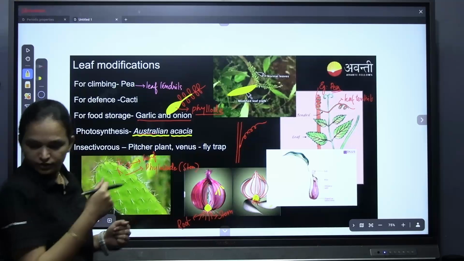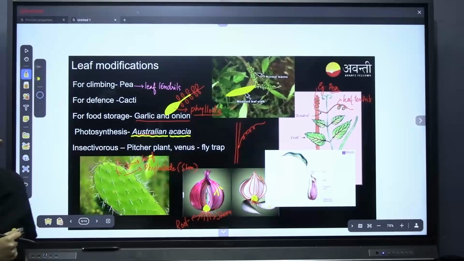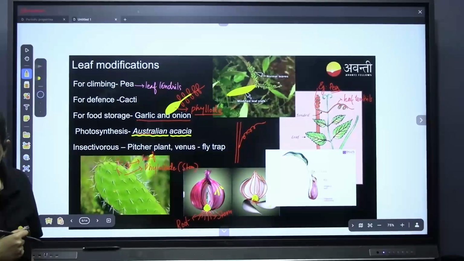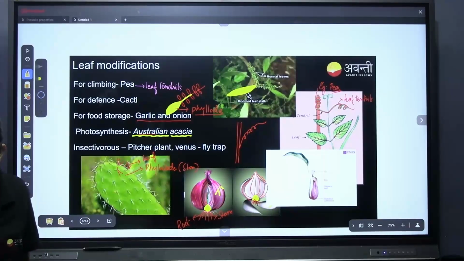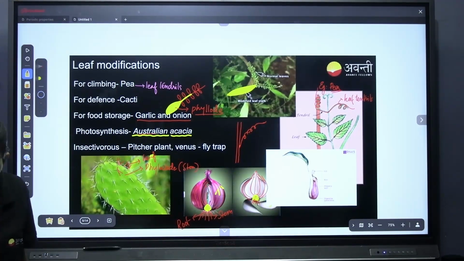Check on students. What happened? Is the screen visible, students? Would you please decrease the contrast a bit? I'm asking about voice. Am I audible?